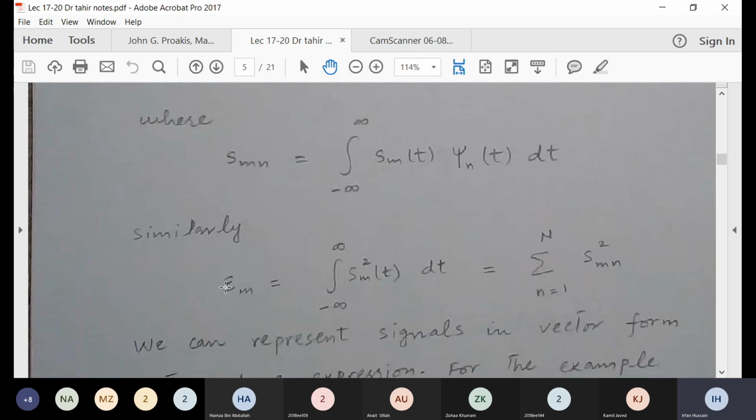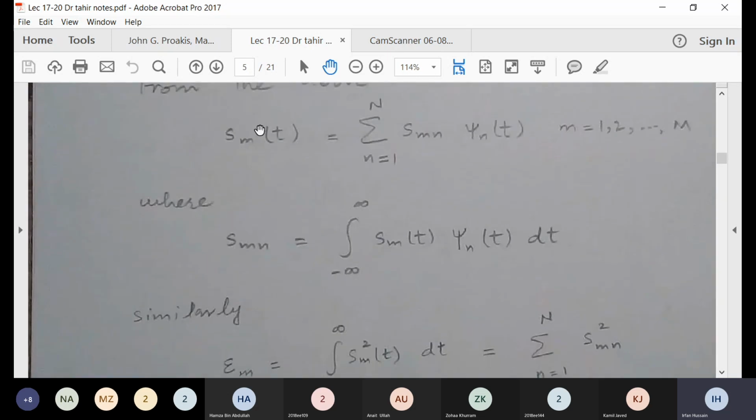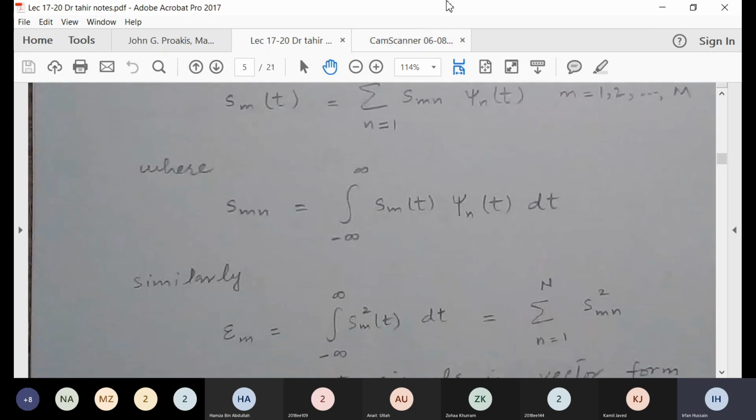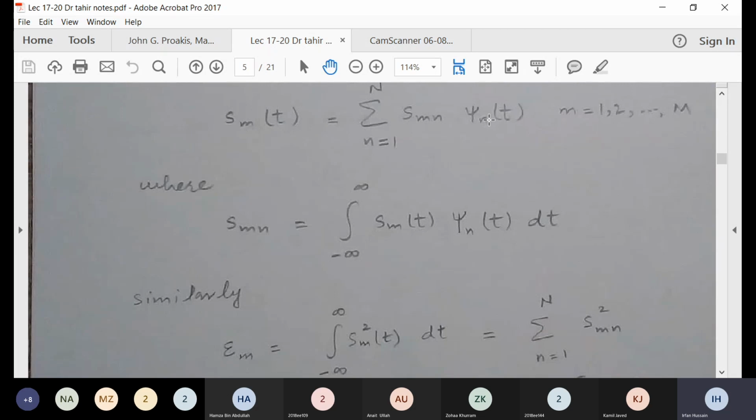Similarly, you can find the energy of any signal. Let's say I want to find the energy of this signal. So the energy of this signal will be the square of this whole thing, and then the integral. Now the square of this whole means the square of this and the square of psi n.